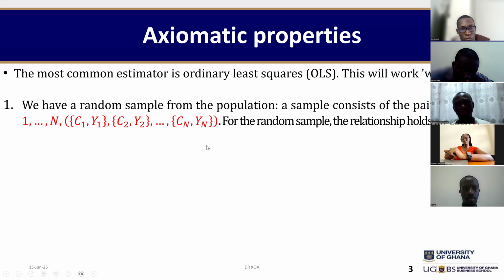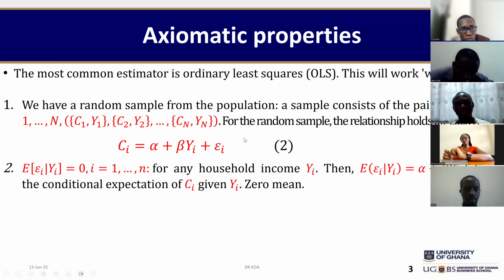Now, the relationship between the two is specified basically like what we've done here. There are basic assumptions that make this real. One of them is that the expected value of the error given the independent variable, Y, is 0. Now, this one is common knowledge for regression. We call it the normality assumption. But note that this is for every household.